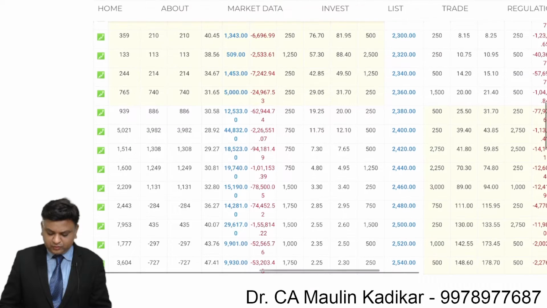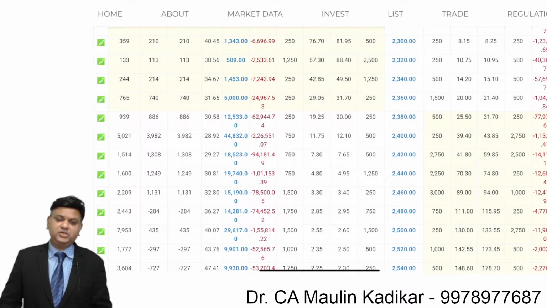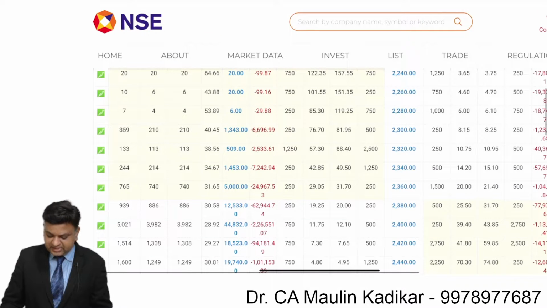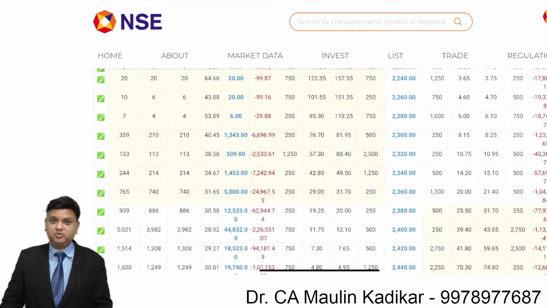Now I want you to focus on a point like this. I am focusing on the premium amount to buy the option. So I am focusing on the exercise price, from that the second left, so 20 rupees. Now you can see that when the exercise price reduces from 2380 to 2360, the premium increases to 31.7.